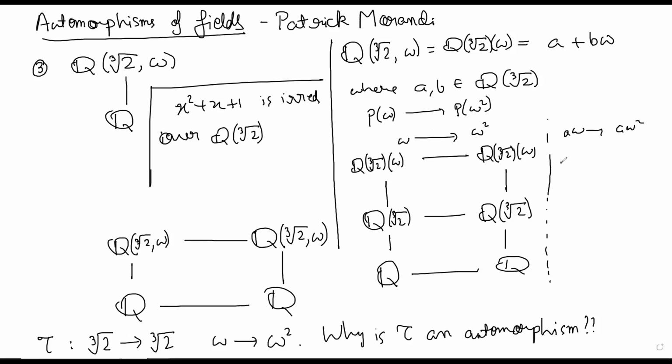You take omega plus omega cube, you will send it to omega square plus omega to the 6. You see how it is going, right? I'm just using the definition of field automorphism to put the images. Is that fine?